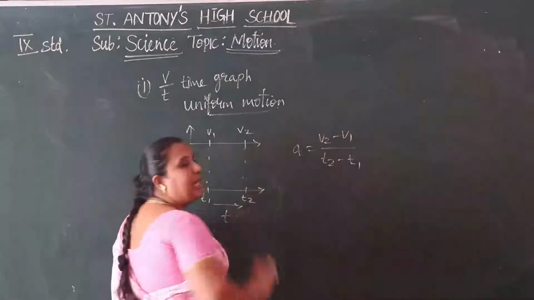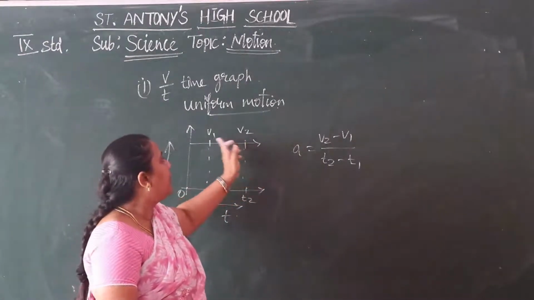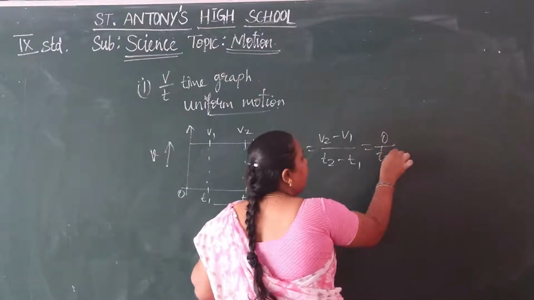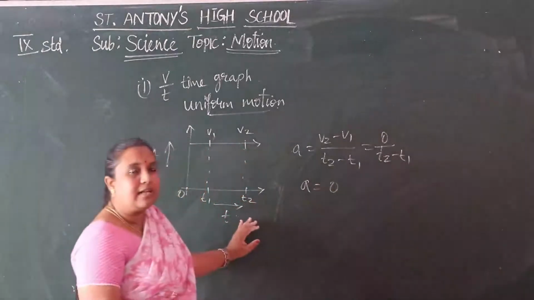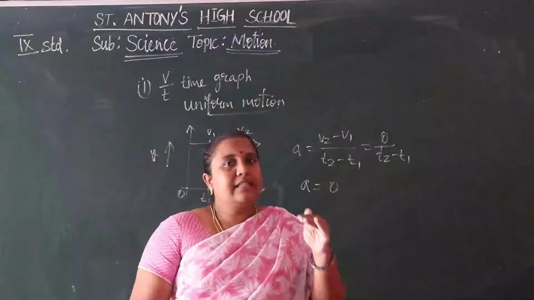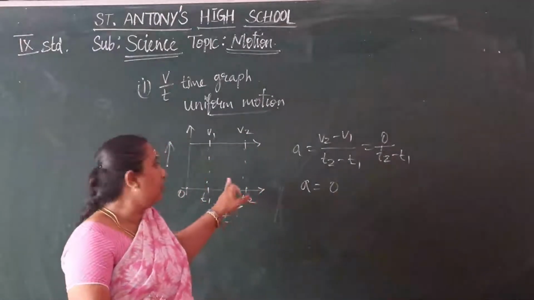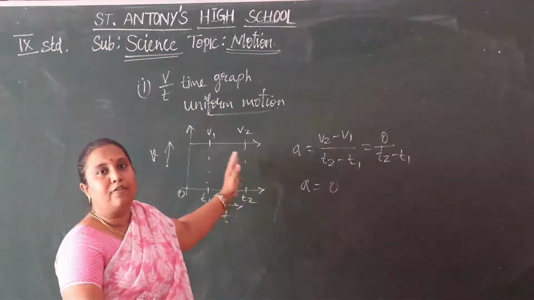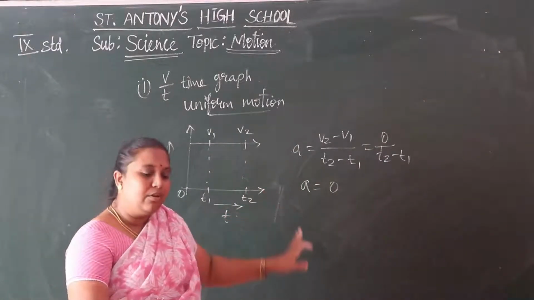In the straight line the body stays in the same condition, so v2 minus v1 is 0. So a equals 0. Acceleration equals 0, because v2 minus v1 equals 0, and 0 by time taken is 0.